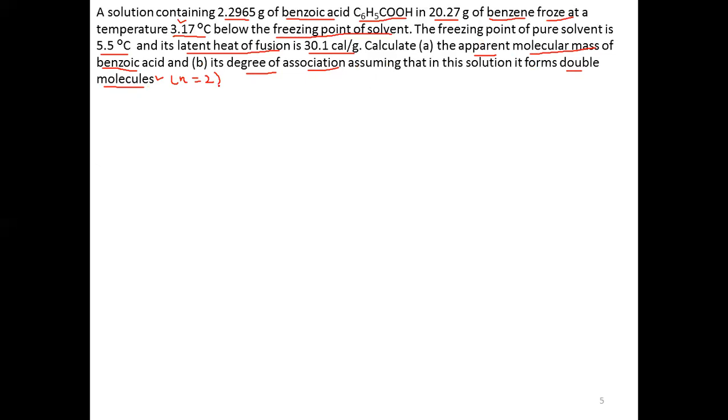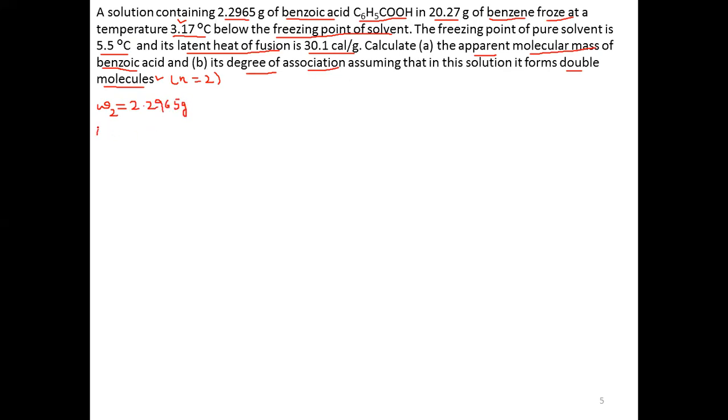Now let us first see what is given. So this numerical is quite easy. Weight of solute. Solute is benzoic acid, so I will write W2. W2 is 2.2965 gram.